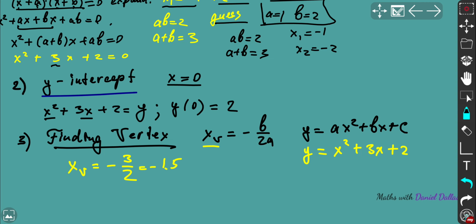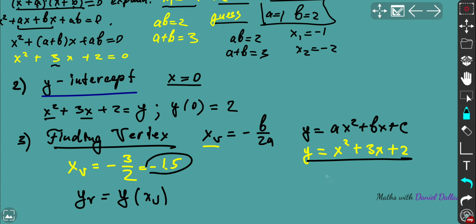Now, this is only the x vertex, but we need to find also the y vertex. To find the y vertex, we need to put our value negative 1.5 into our equation. So just plug the x vertex into your equation right there.